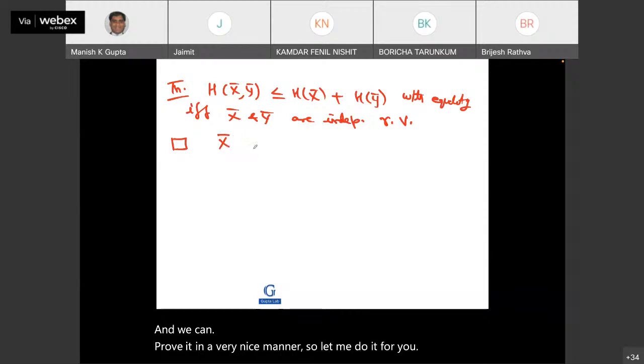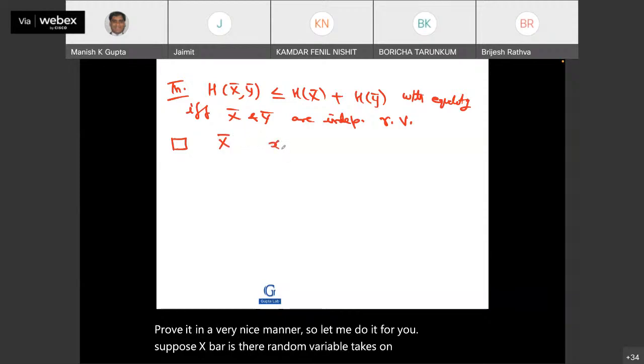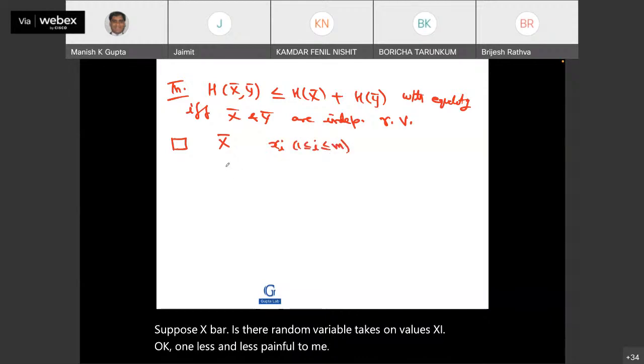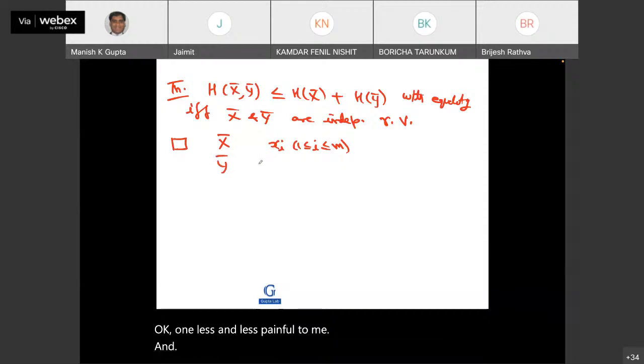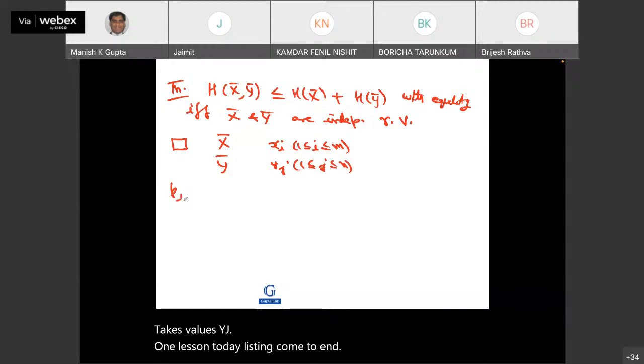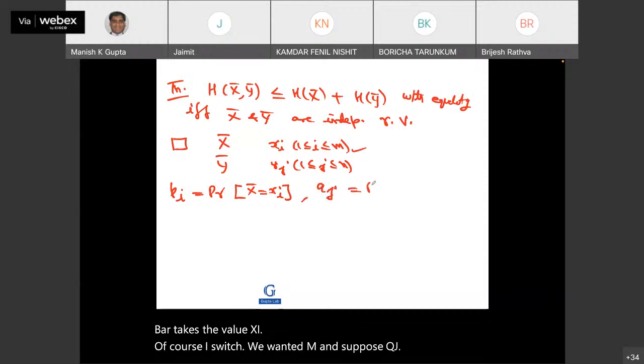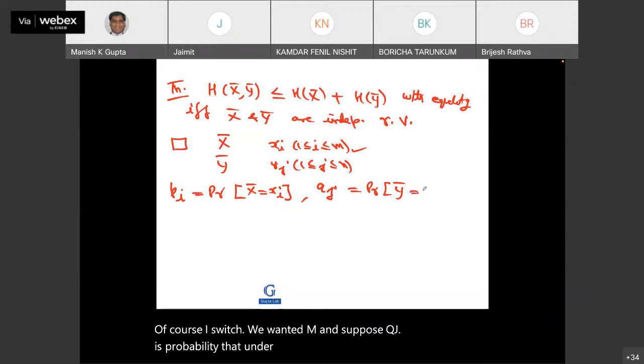Suppose x bar is a random variable that takes on values xi, 1 ≤ i ≤ m, and y bar takes values yj, 1 ≤ j ≤ n. Now denote pi as the probability that x bar takes the value xi, for i between 1 and m, and suppose qj is the probability that random variable y takes on the value yj.